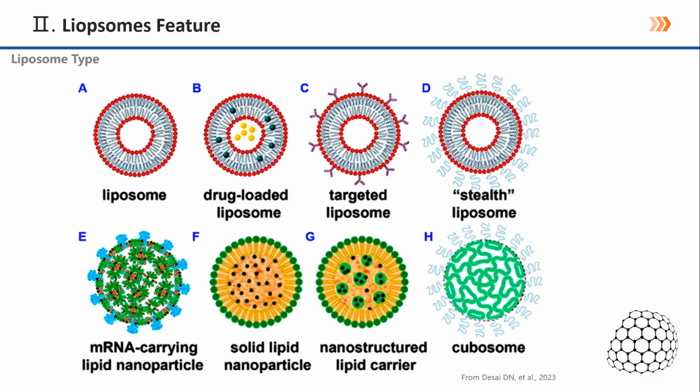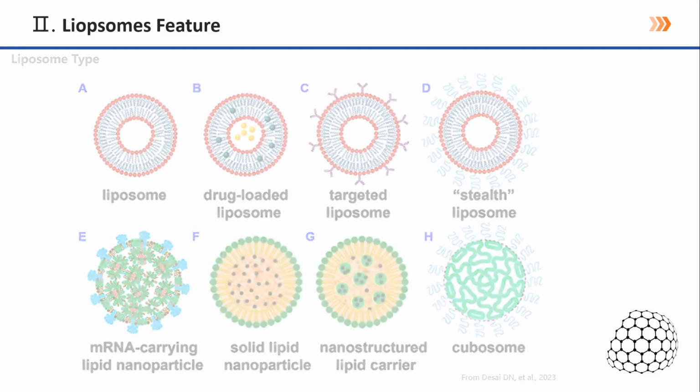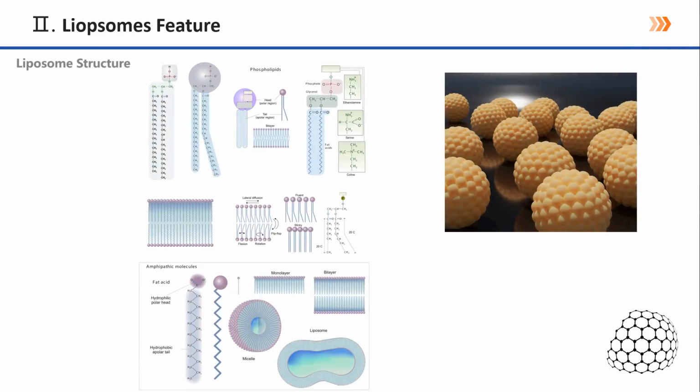In addition, there are some related nanostructures, such as solid lipid nanoparticles and lipid nanoparticles carrying mRNA. These different types of liposomes and related nanostructures provide us with a wealth of choices in drug development and treatment. We can choose the most suitable liposome system according to different disease types and treatment needs.